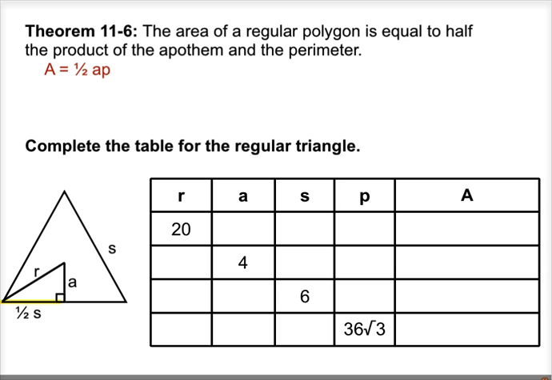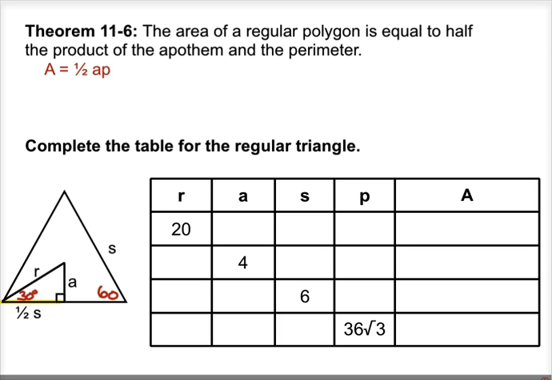All right, let's see. I know that if this is an equilateral triangle, because it's regular, this would have been a 60-degree angle over here, which in the triangle got cut in half, so this is a 30-degree angle. So I do have a 30, 60, 90 triangle over here.